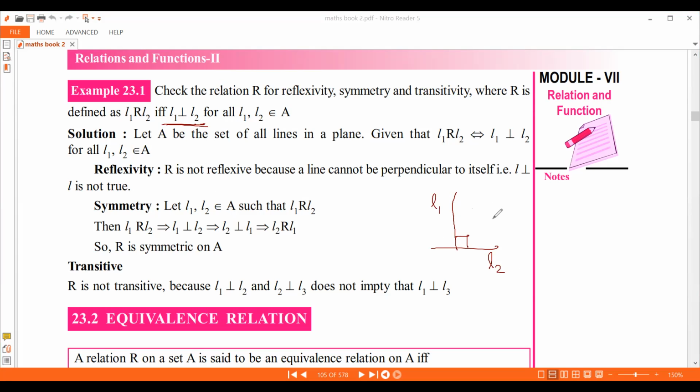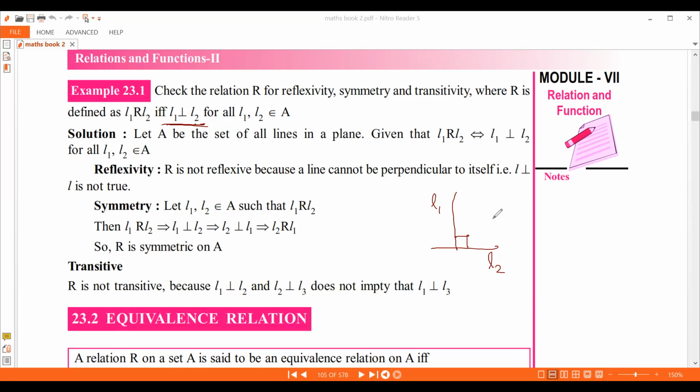Check the relation for reflexivity. The relation they have considered contains all the lines which are mutually perpendicular to each other. That's how they have taken.